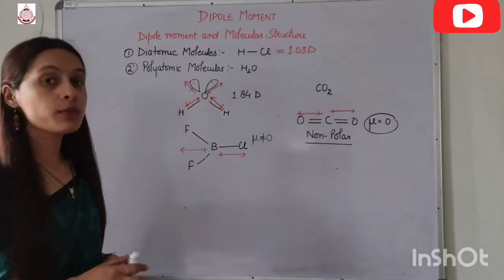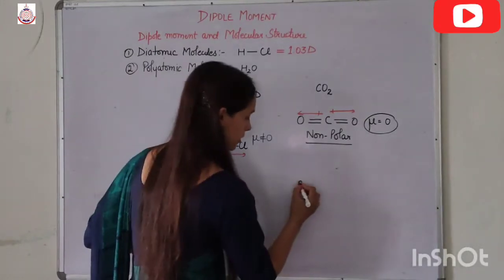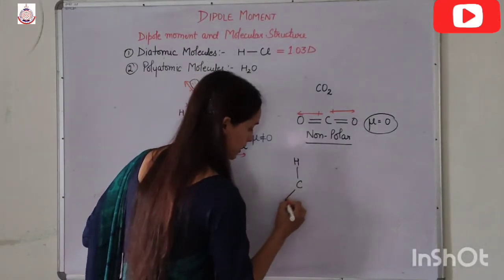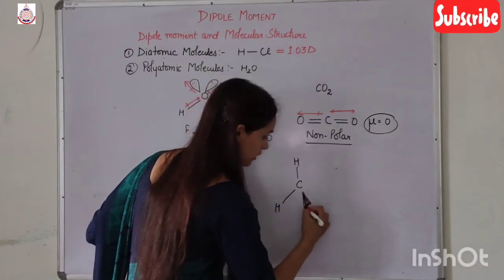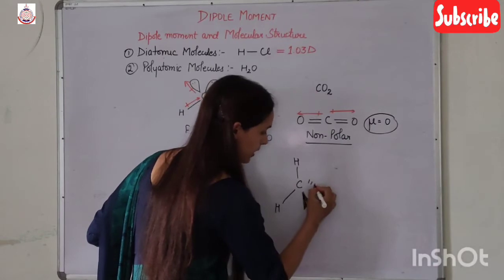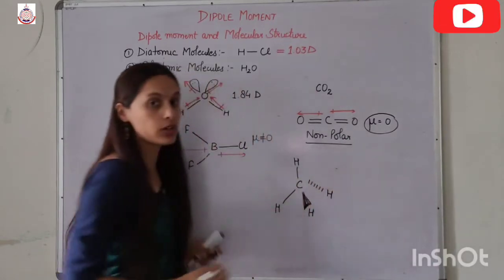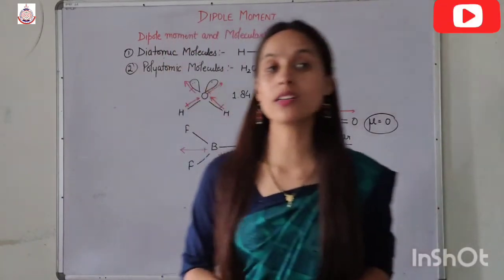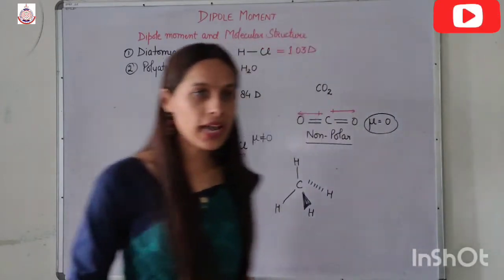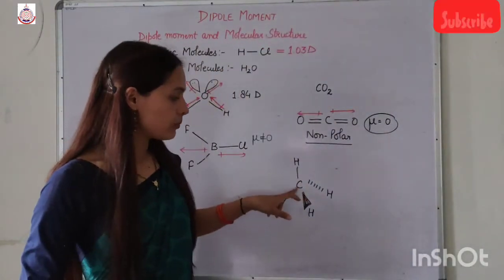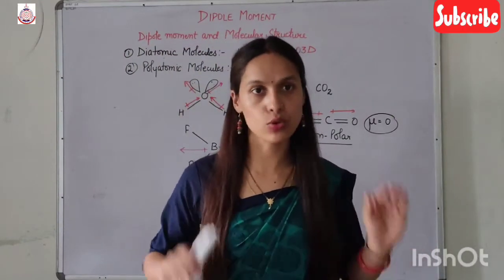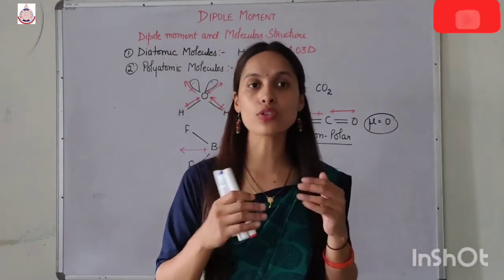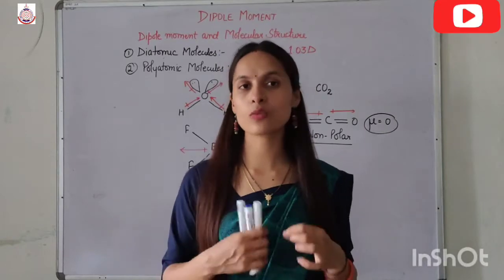Similarly, if I take one more example, that is of methane, the most common example. We have studied that the structure of methane is a 3D structure, because two bonds are in the plane, one bond is above the plane and the other bond is below the plane. In the CH bond, carbon is more electronegative than hydrogen, though the electronegativity difference is not so much, but still carbon is more electronegative.